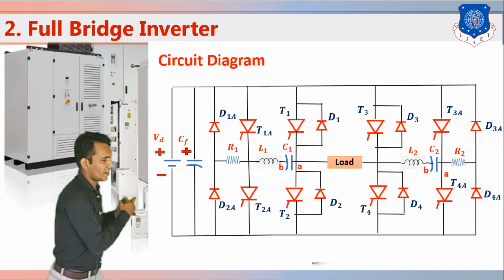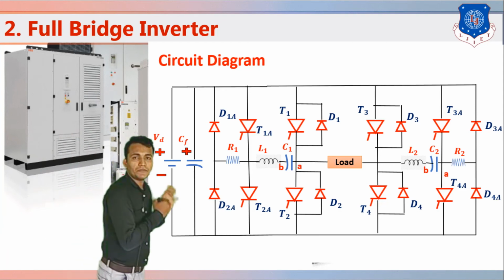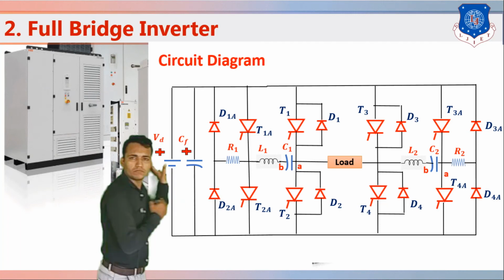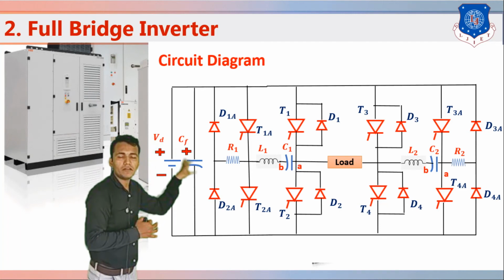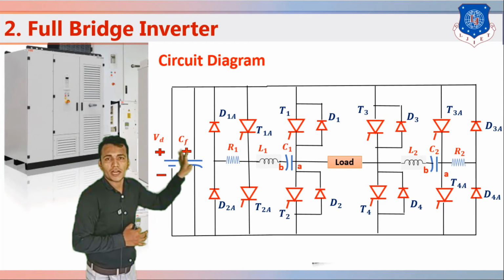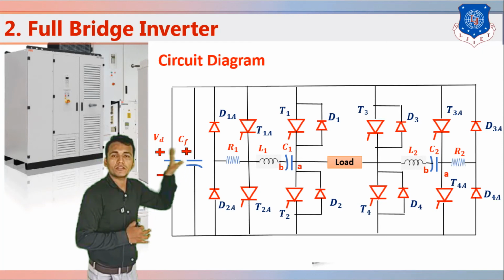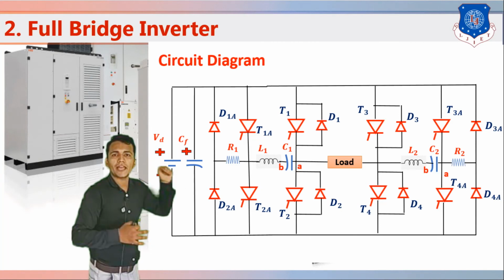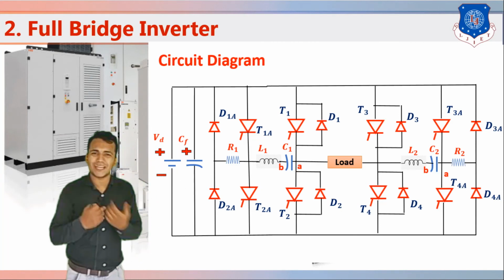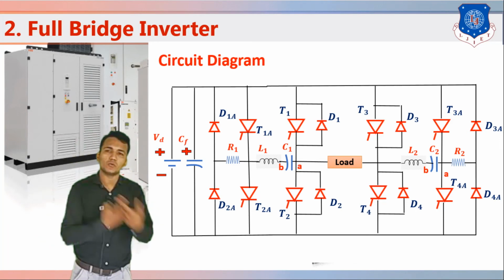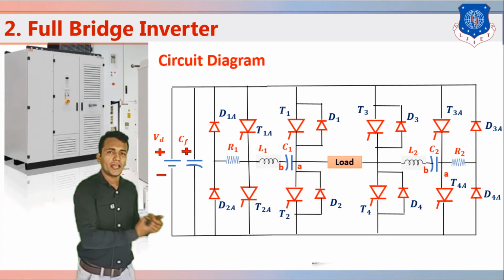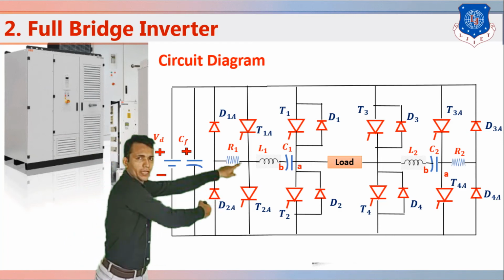In this circuit diagram, you can see we have used only a single DC supply and capacitor. Then we have used four thyristors T1, T2, T3, T4, and across every thyristor we have connected the feedback diodes D1, D2, D3 and D4 across the load.